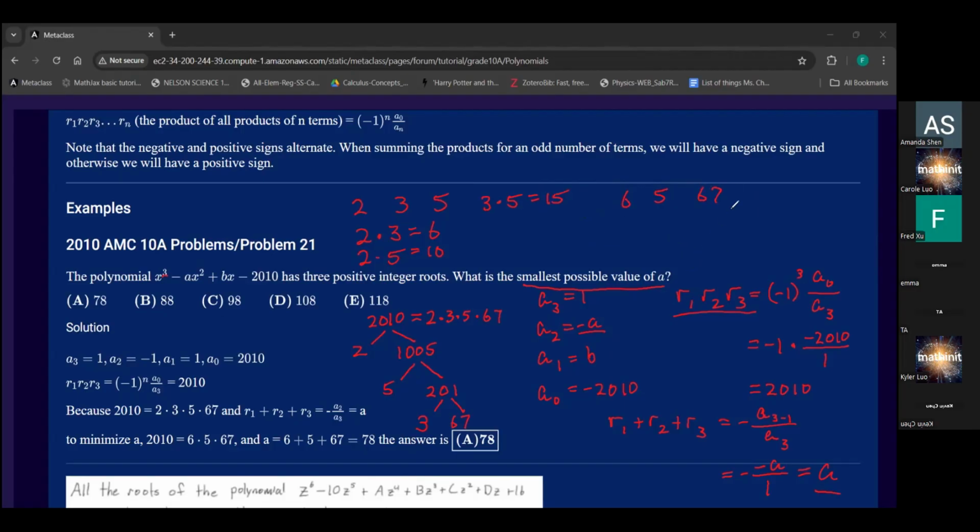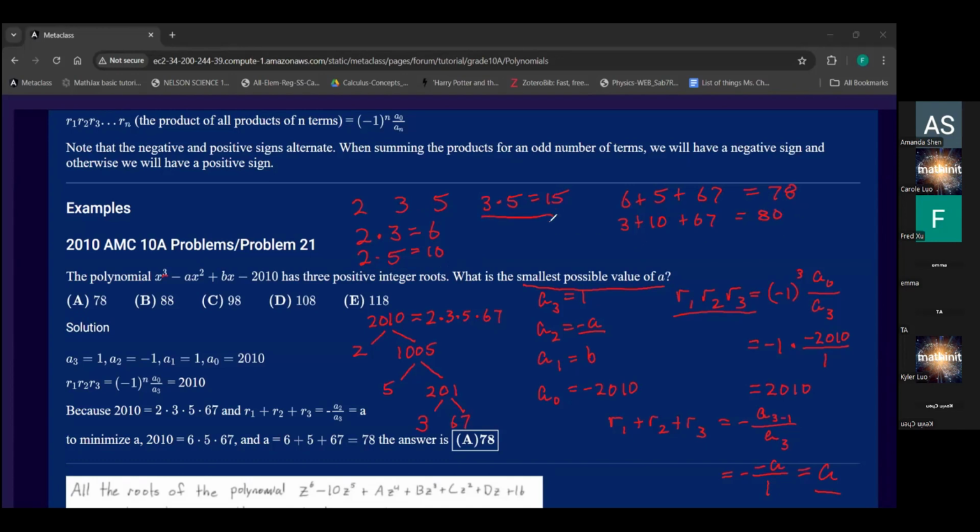And what do these add up to? When you add these together, you get 78. Now let's test out the 10. So now we have 3 plus 10 plus 67. This is equal to 80.